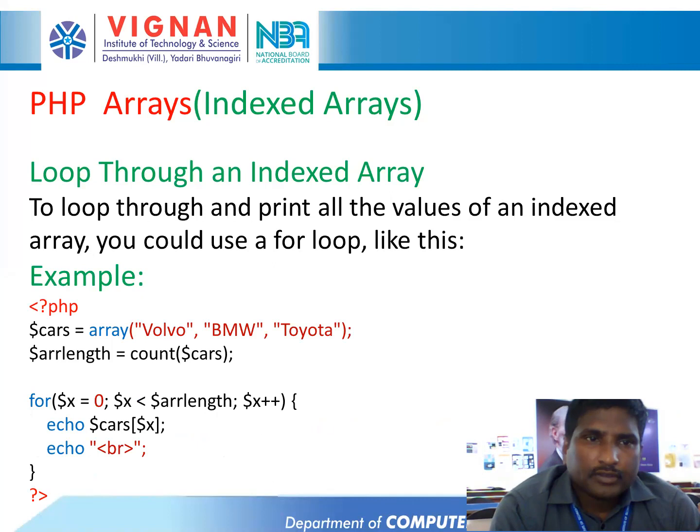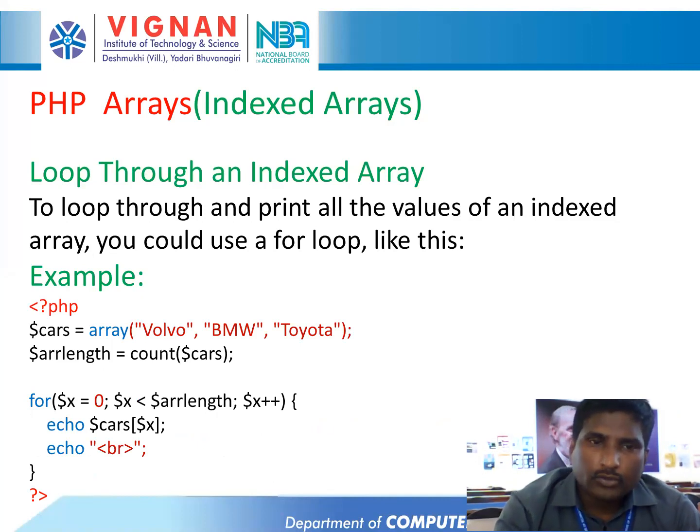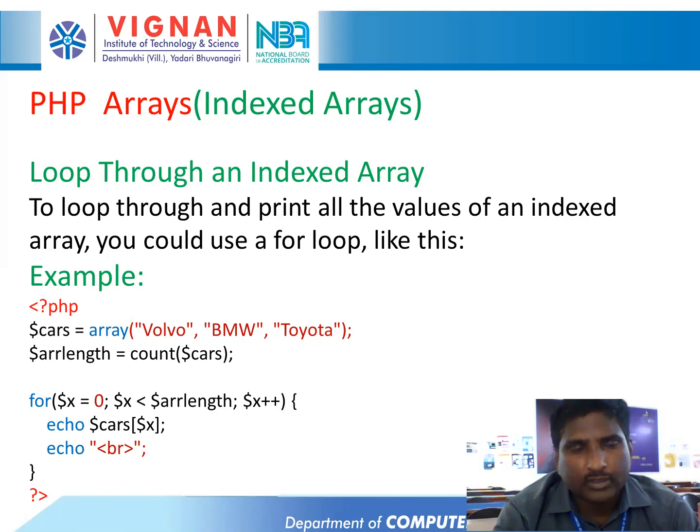Next, loop through an indexed array. To loop through and print all the values in an indexed array, you could use a for loop like this. First we declare the array, then we find the length of the array by using the count function and store it in a variable.